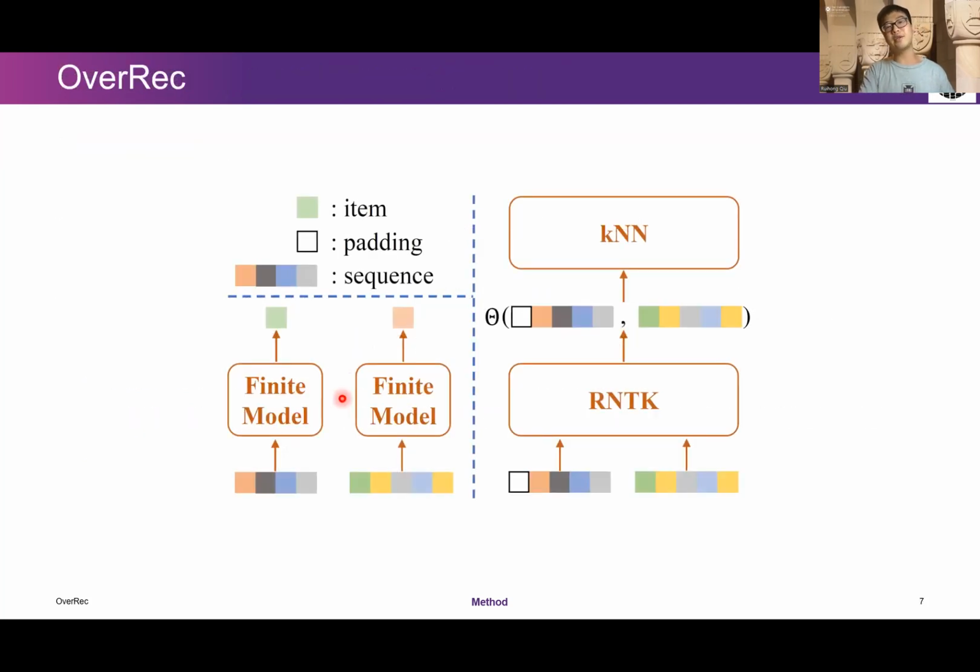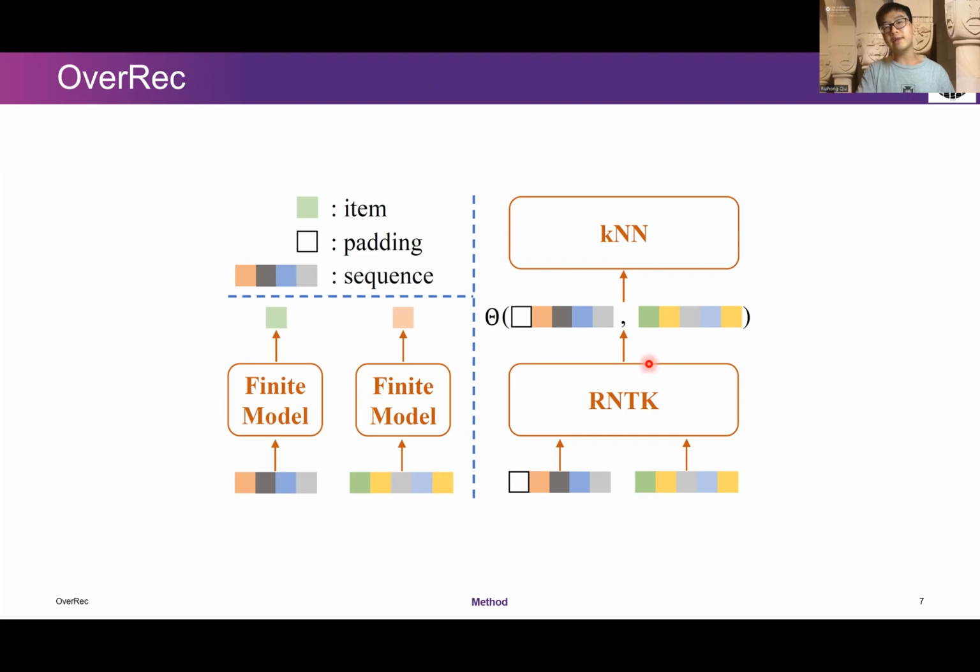Here's a figure to compare the traditional finite model with our proposed model, which we call OverRec, which uses RNTK. For the left part, we can see that the traditional finite model encodes a sequence of user behavior, and then the output is a representation that can match the sequence with all the items inside the item set.